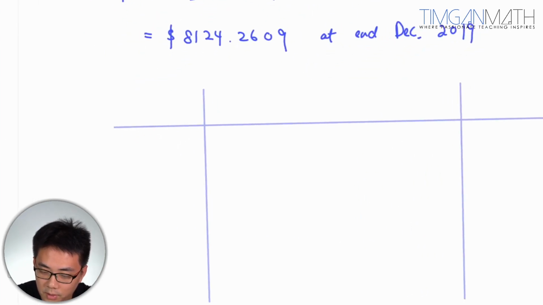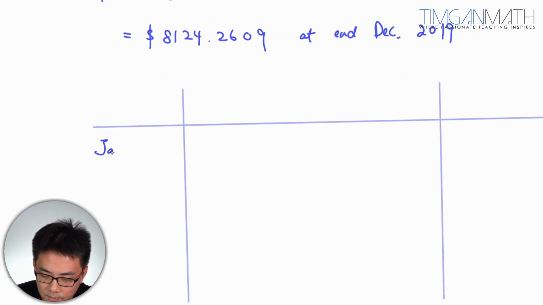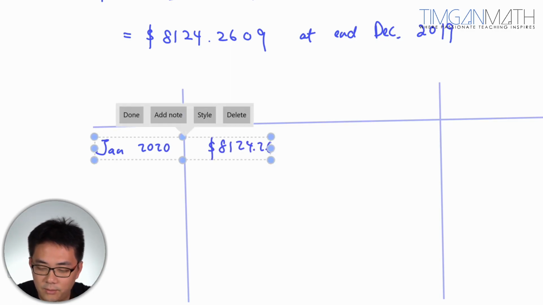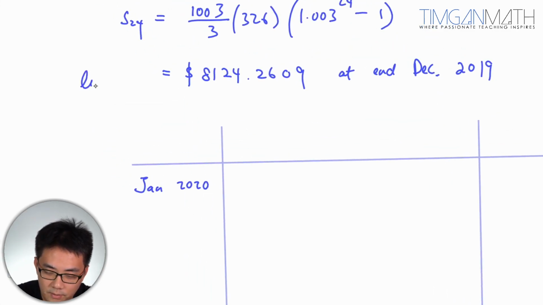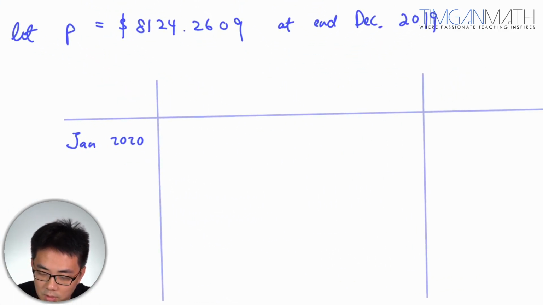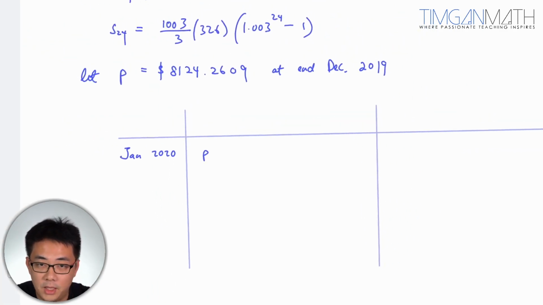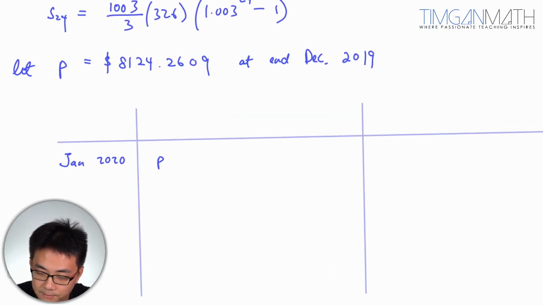So this is Jan 2020. So I start off with 8124.26. Okay, but I'm too lazy to keep writing this down, so I'll write this as, let's say, K or P will be good. P with this. Okay, so this is the amount that I have initially, P at the start.